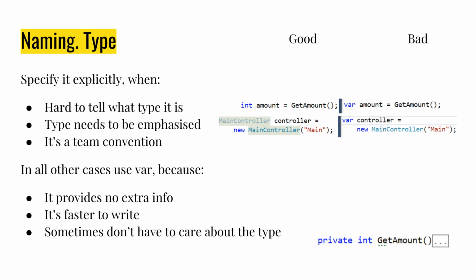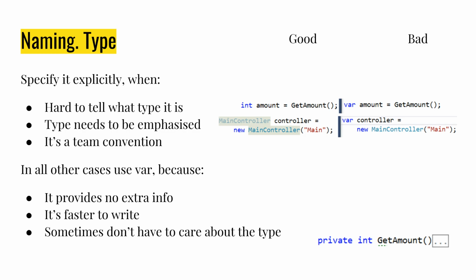And using var in all of the other cases is good because the type provides no extra info, so you're just saving some time by reducing the time to write the type. Sometimes type is obvious, so you don't get any extra info from it. Sometimes you don't care about the type, so writing it, figuring out what it is, would be useless.